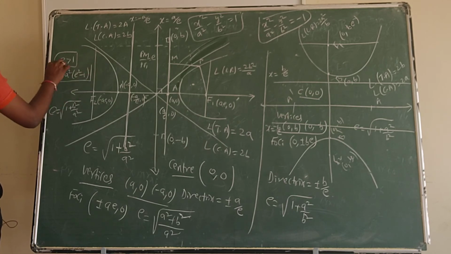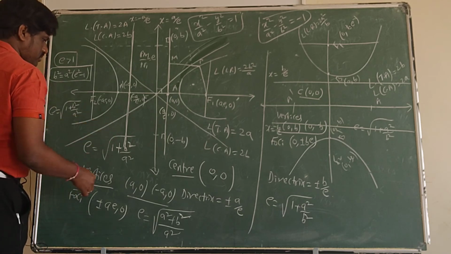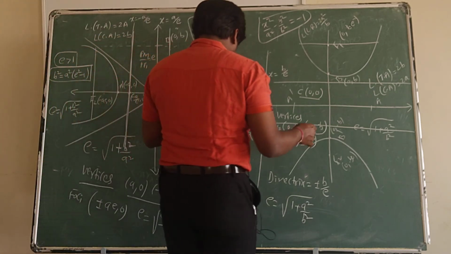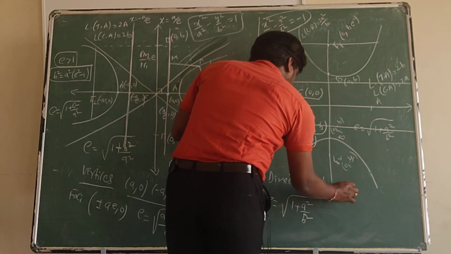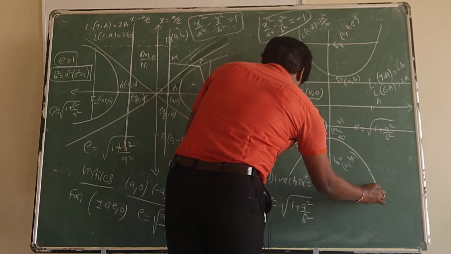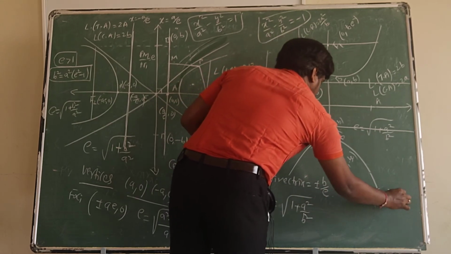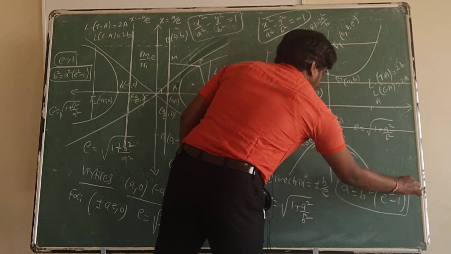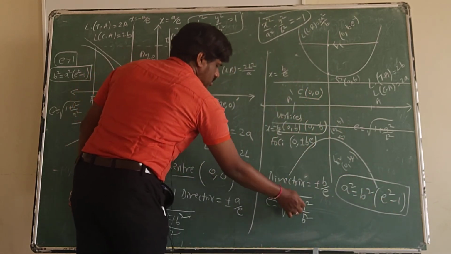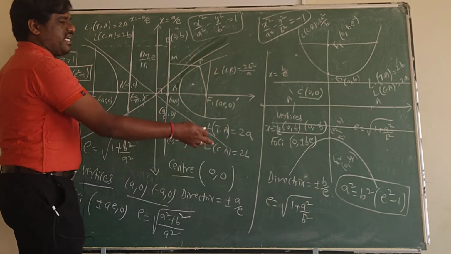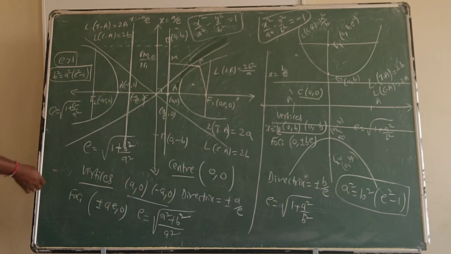Here also, a square is equal to b square into e square minus 1. Otherwise, squaring on both sides and making b the subject, you will get this. So this is the eccentricity.